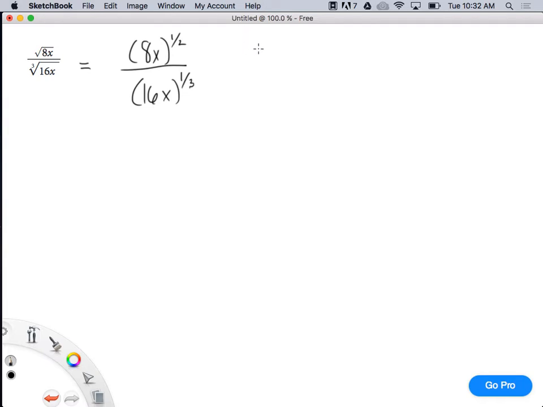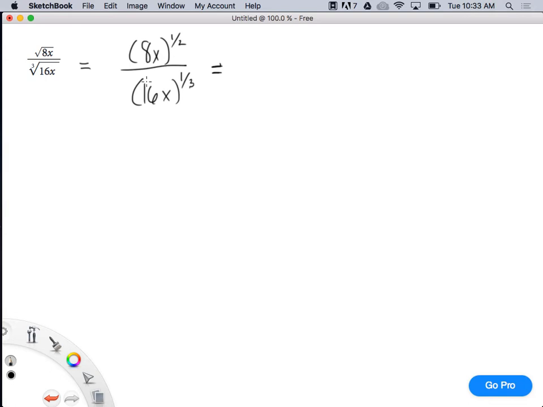Now, there are a lot of ways that I can do this. But there's something, and I'm glad I'm going over this, because I didn't really show you this.